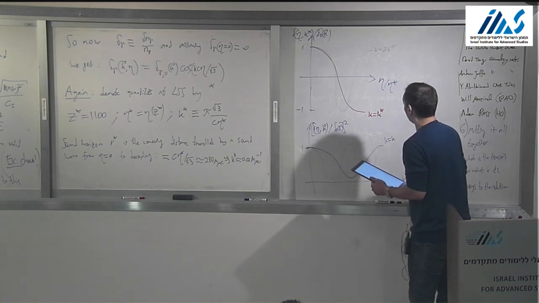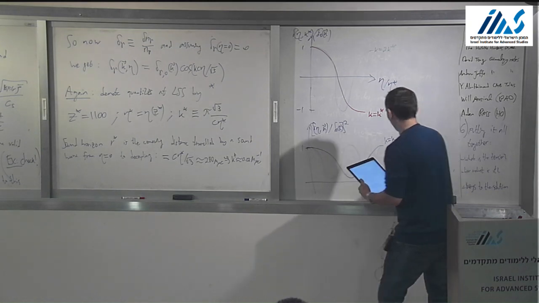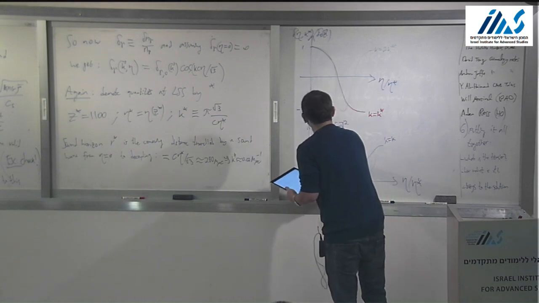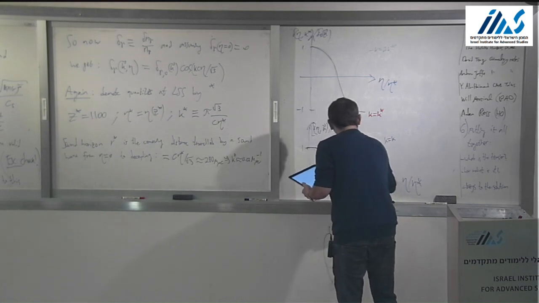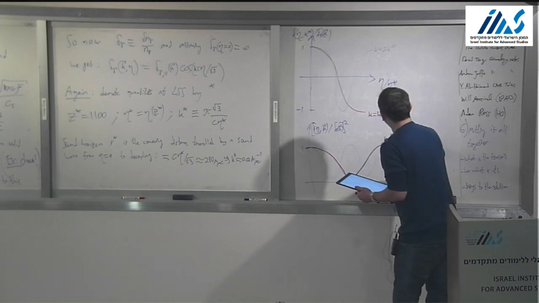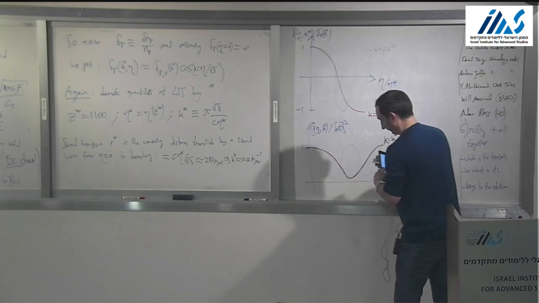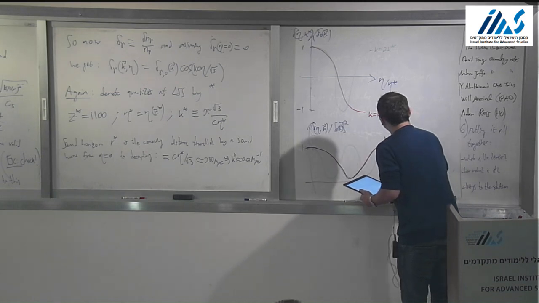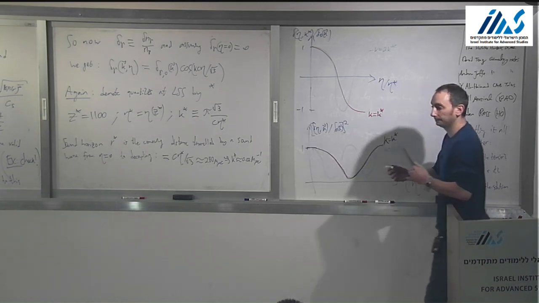Oh, I made a mistake. I meant to plot this in red. Sorry. This should be in red. Okay, so this is k equals k star, and this is k equals 2k star. Okay?